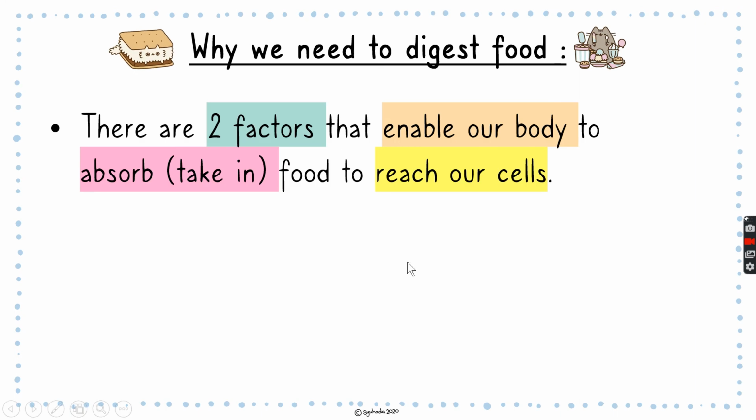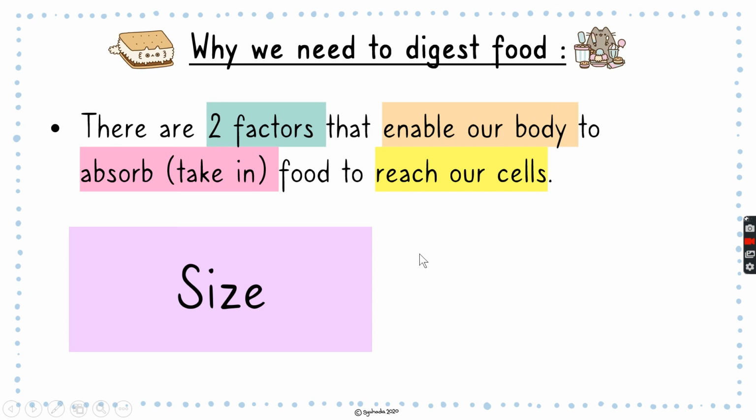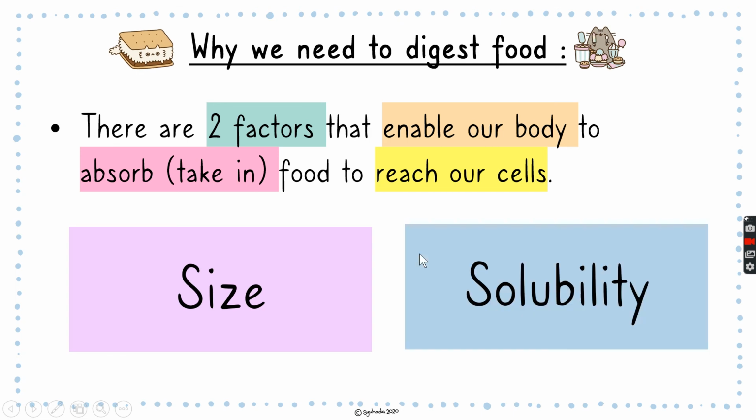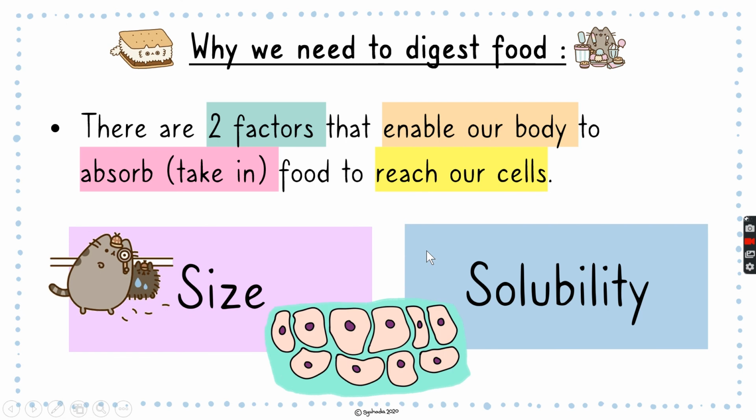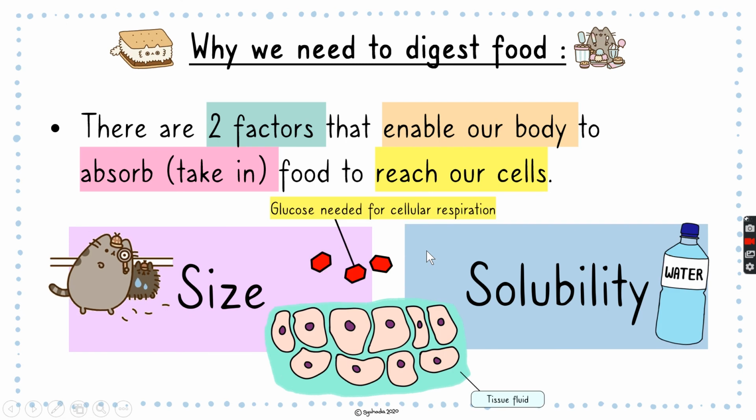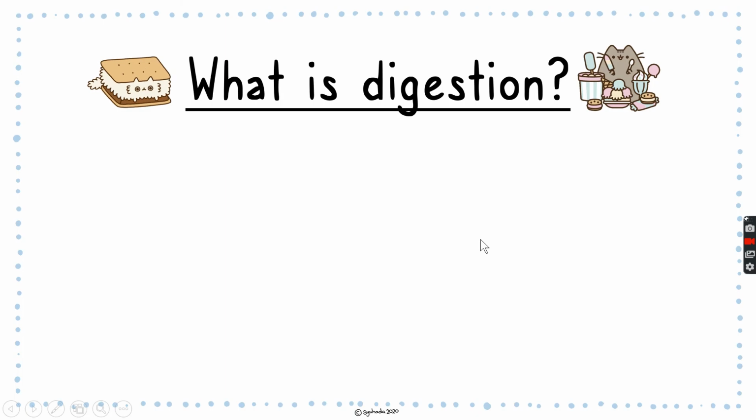So the 2 factors that enable our body to absorb food to reach our cells are firstly the size. It needs to be super small. And the second one is solubility. That means that it can dissolve in water so that it can move around, so that glucose can move into the tissue fluid and then finally into your tissues so that they can use it for cellular respiration to get energy.